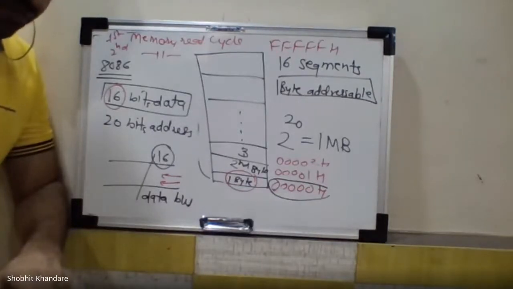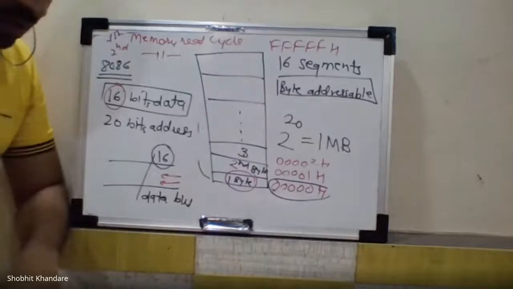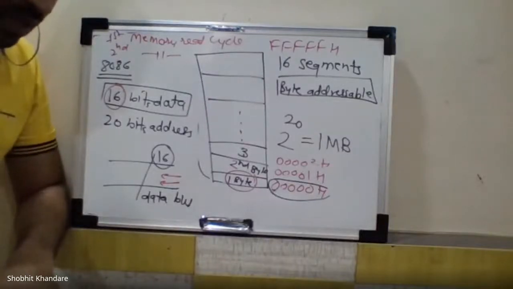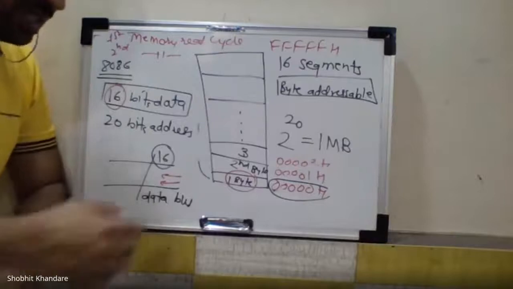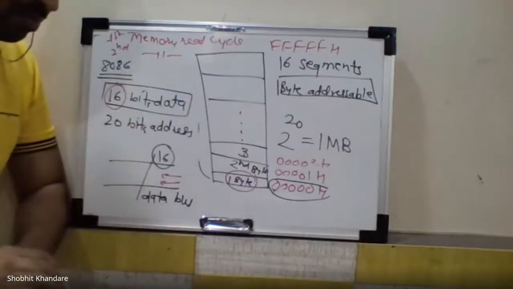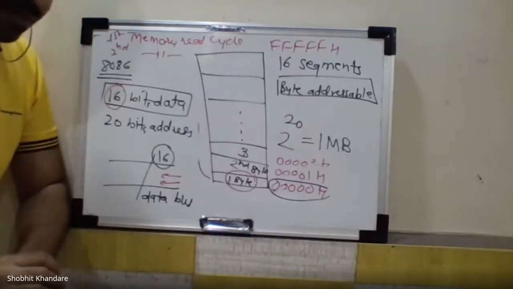If we have total memory of 1 MB in one chip, this is one chip, okay? This is a whole one chip. Then 2 memory read or write bus cycles are required to access 16 bit of data.